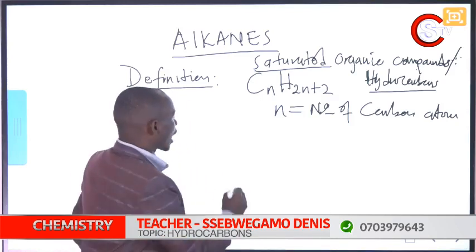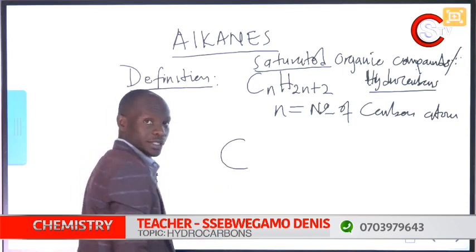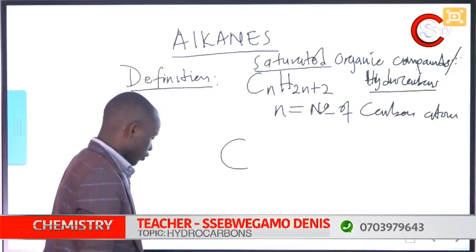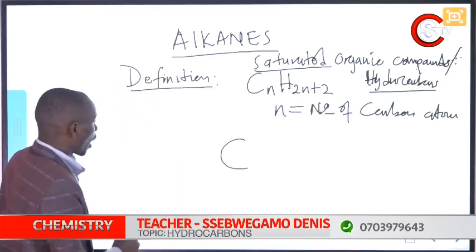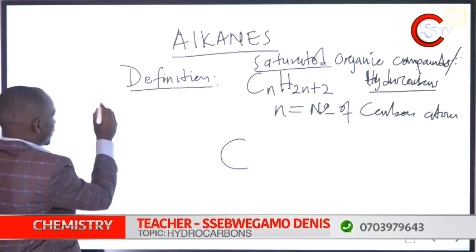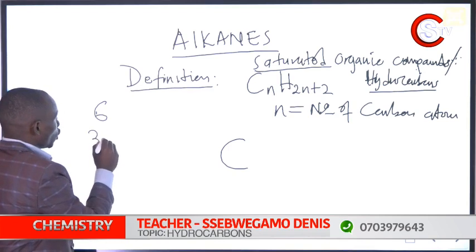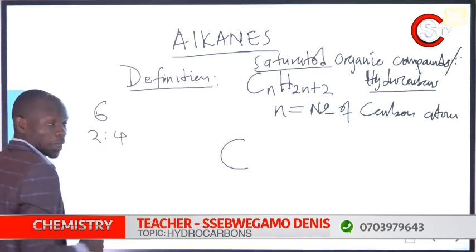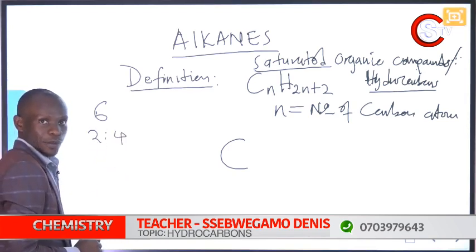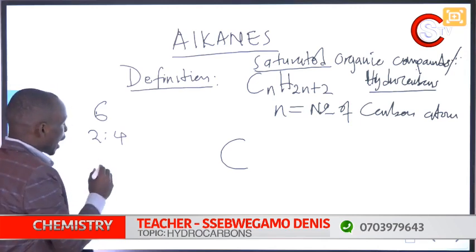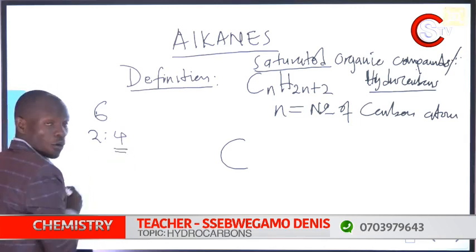In other words, the carbon atom in alkanes, if we go back, we know carbon atomic number is 6. So it is 2,4, basing on our O-level knowledge. So that means carbon has a valence of 4.